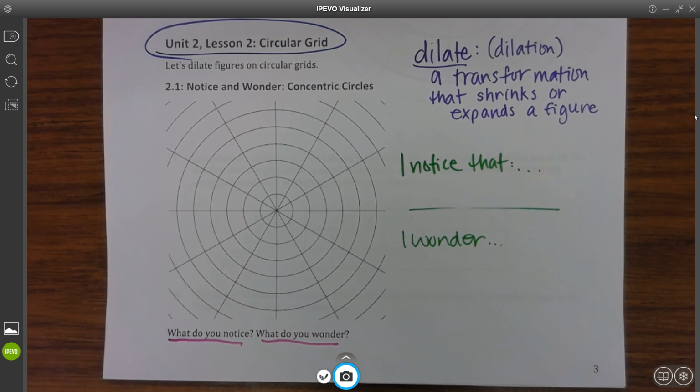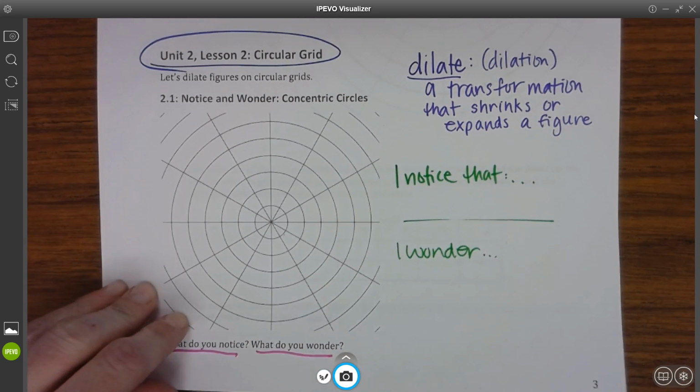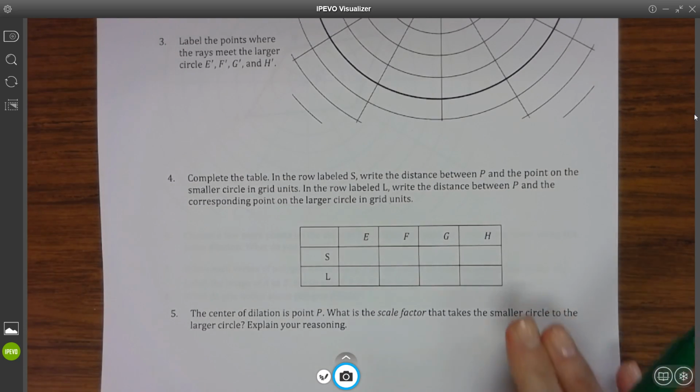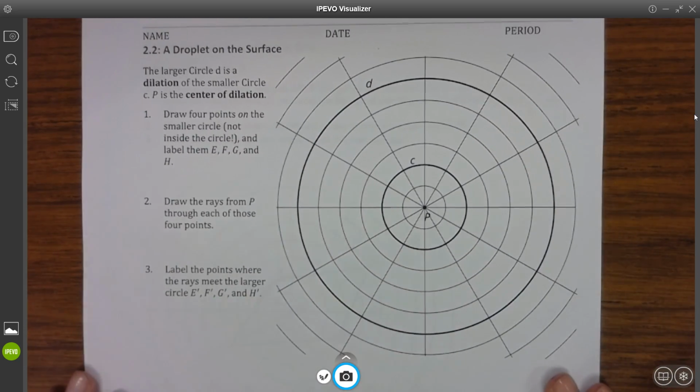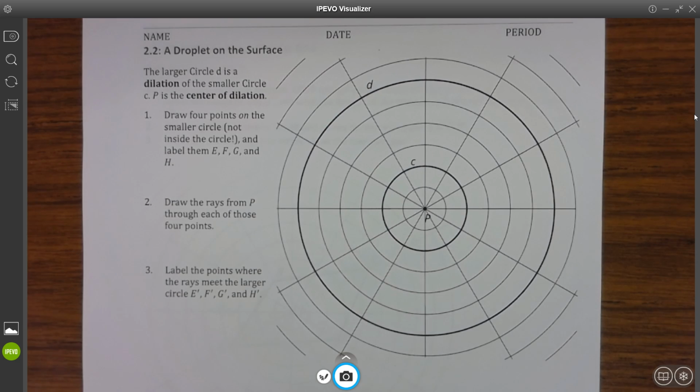Why do the circles look like they're the same distance apart? Will we use these to help us transform figures? What are we going to use this for, right? So there are all kinds of things you can wonder. So your job on your paper is to make sure that you write something down that you notice and wonder. So go ahead and turn your page.